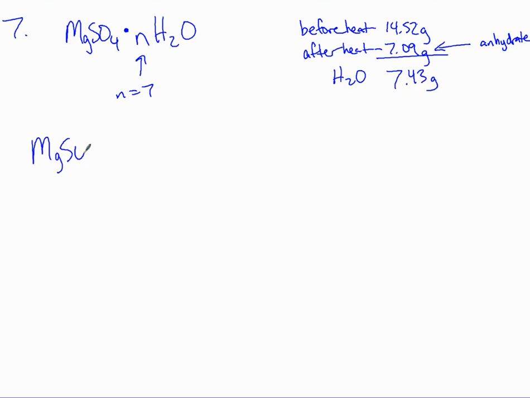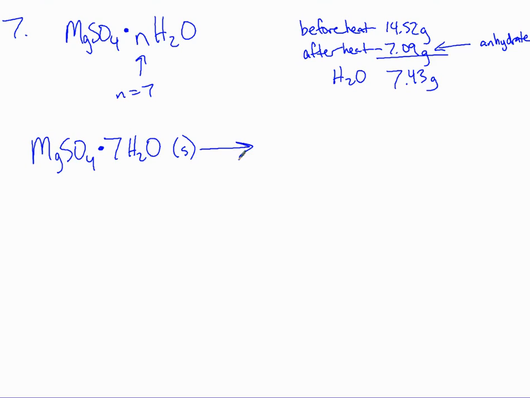So what we have is MgSO4 and then a dot and then 7H2O. This is a solid. We're going to heat it up and they're going to separate.